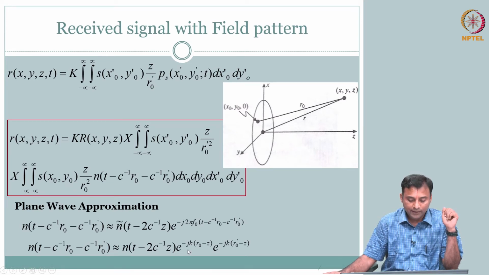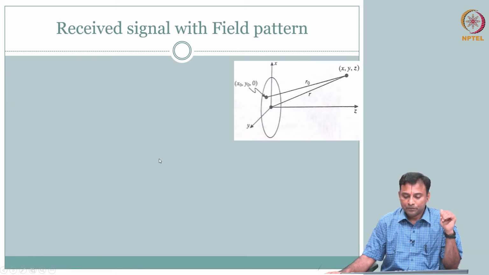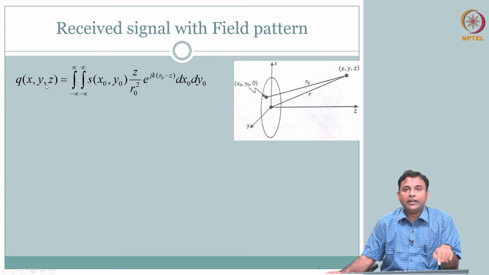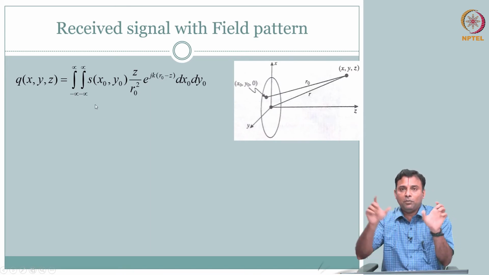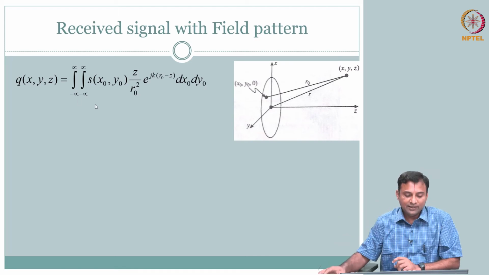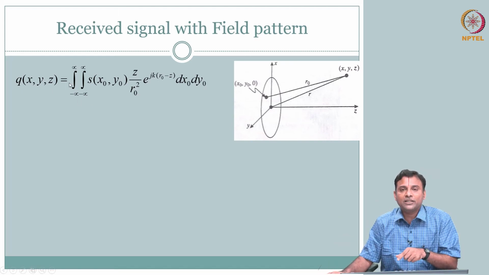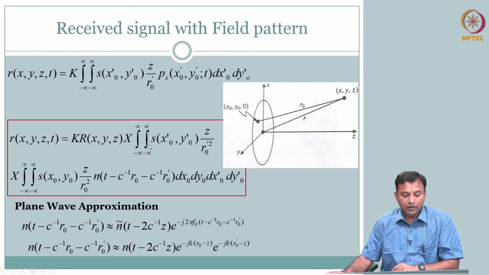So, now we need to substitute this back. The next slide is also going to be a big equation; we have not done much, we will just substitute this back and then start to reduce. What we now call q of x, y, z is just that term. You had two double integrals, so 4 integrations.